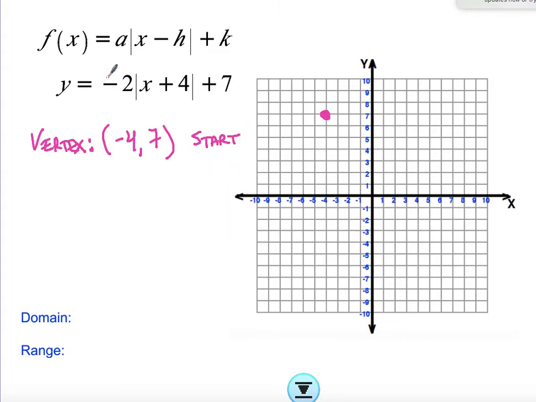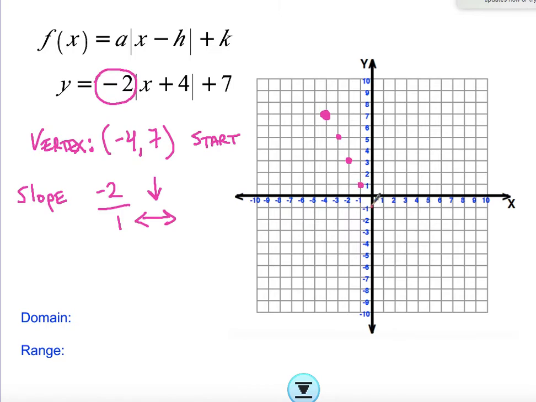Okay, and then this value of -2, that's like our slope. If I have a slope of -2, I could write that over 1. That means I'm going to be going down 2 and then left and right 1 over 1. So from the starting point, the vertex, go down 1, 2, and then over 1. Down 2, over 1, down 2, over 1.